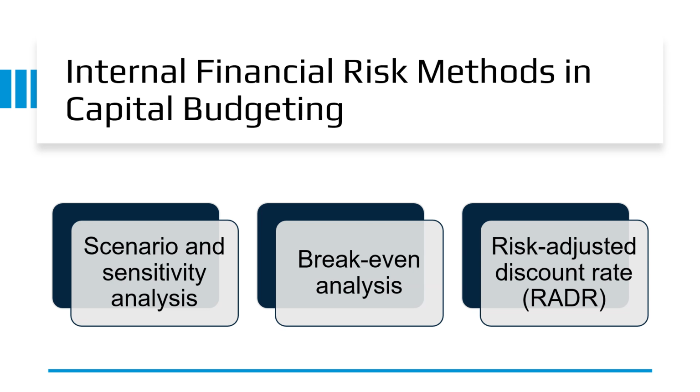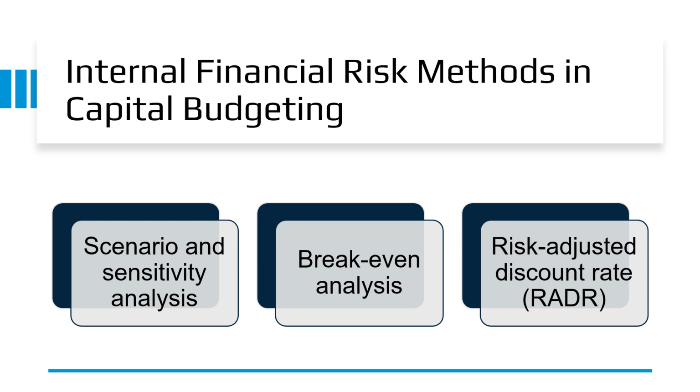When companies are deciding whether to invest in a new project, they often use a few standard internal methods to assess the risks involved. We've already looked at scenario and sensitivity analysis, which help predict how changes in key assumptions might affect the project's outcome.